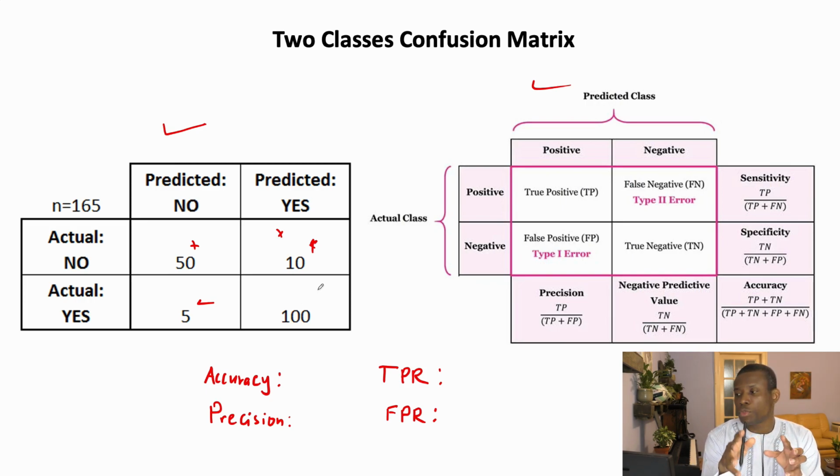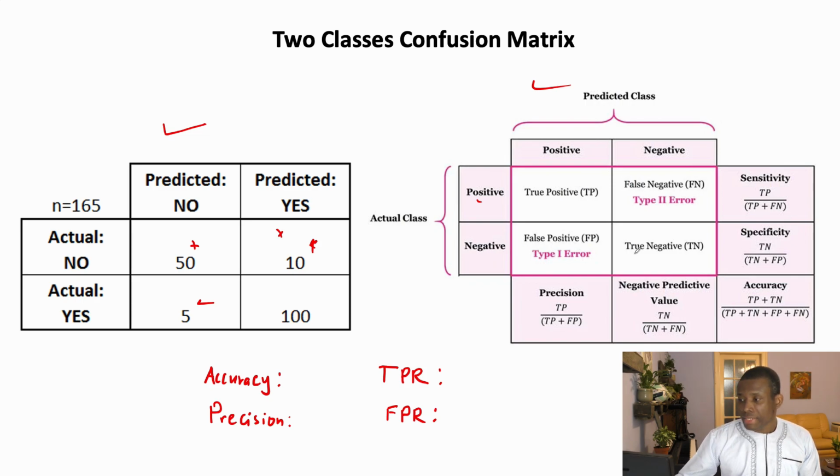Now, how does this relate to true positive, false positive, and so on? In this case, we are talking about no and yes as negative and positive. This table can be confusing when you use it with this one, because actually this should have been negative and this should have been positive.